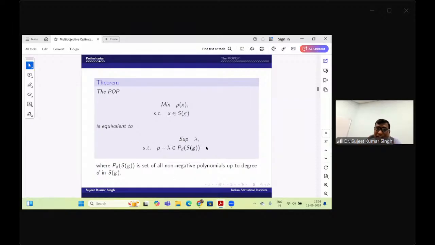So that means S_G can have polynomials of various degrees. So this P_d basically represents all those non-negative polynomials in the semi-algebraic set of up to degree d.